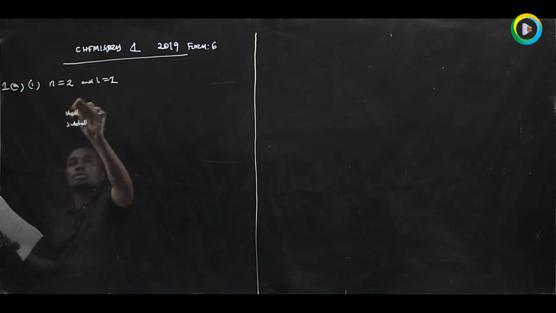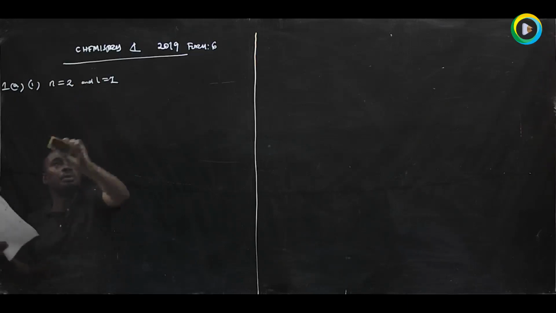So N is equal to 2 represents shell number 2.